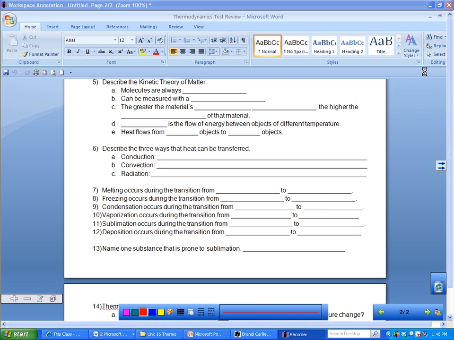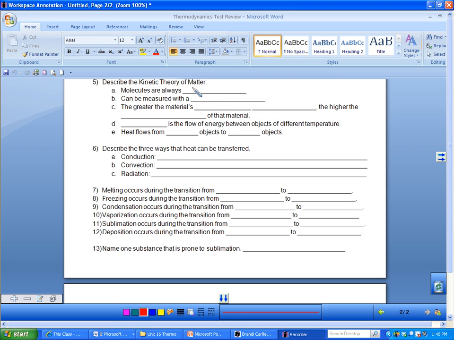All right, the next statement says describe the kinetic theory of matter. Molecules are always in motion. That can be measured with a thermometer, and that's called the temperature.